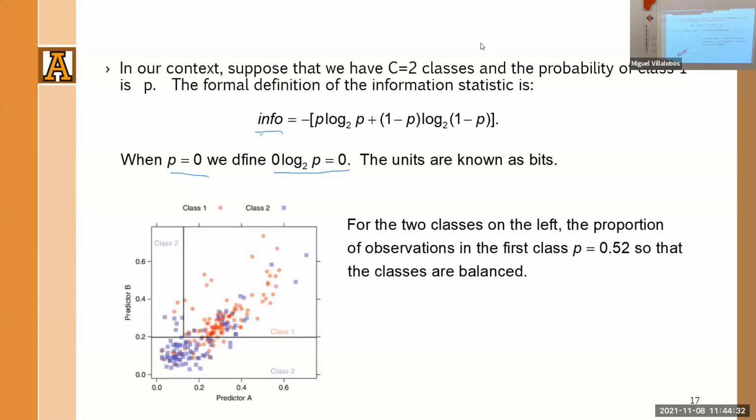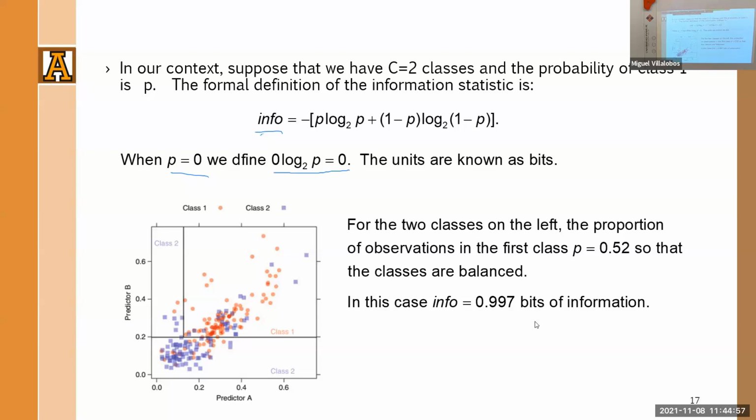Now, for the two classes that we have here, this is the similarity data that we have seen before. The proportion of observations in the first class is 52%, so the classes are balanced. In this case, the information statistic is 0.997.